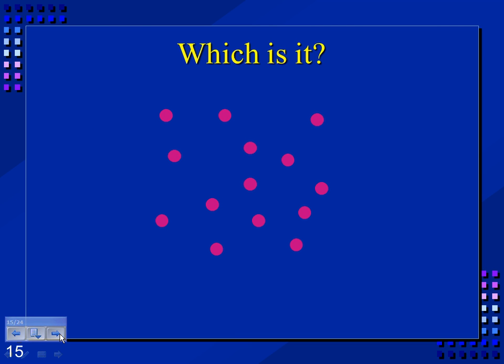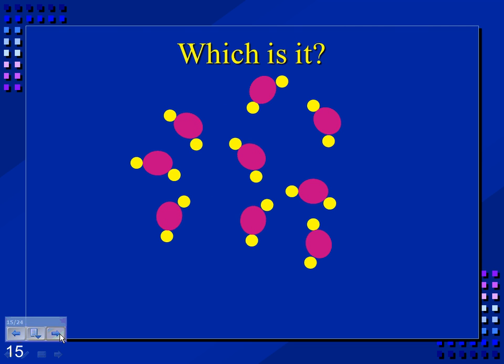So if I look at this picture and I can see there's only one substance there, so this is going to be an element or atoms. Here, if I look, this represents things hooked together. So I have my pink molecule connected with two yellow molecules, and every time it's the exact same composition.